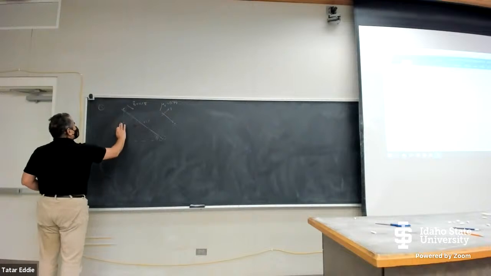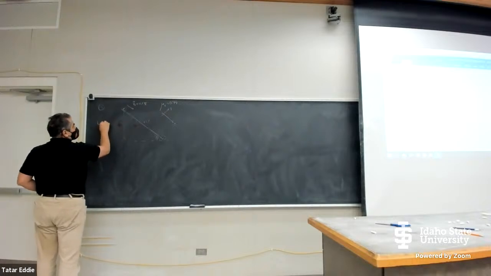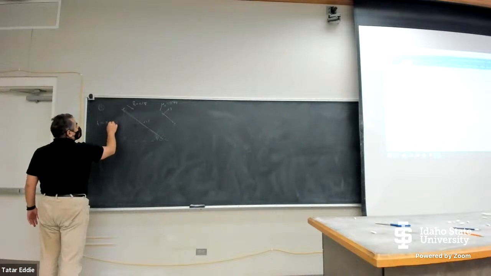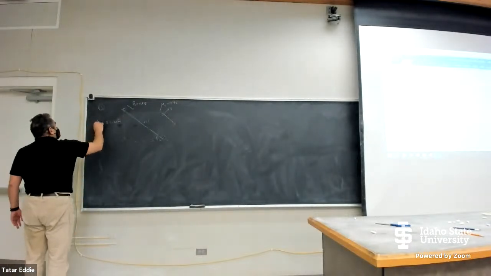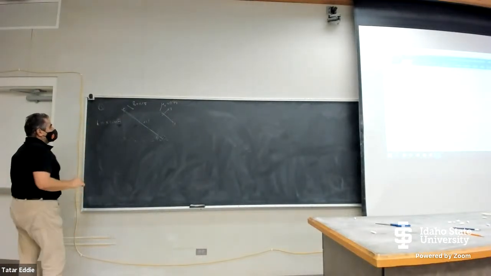So you can say that the height h is equal to the unknown distance x that you're looking for, multiplied by sine of your angle.